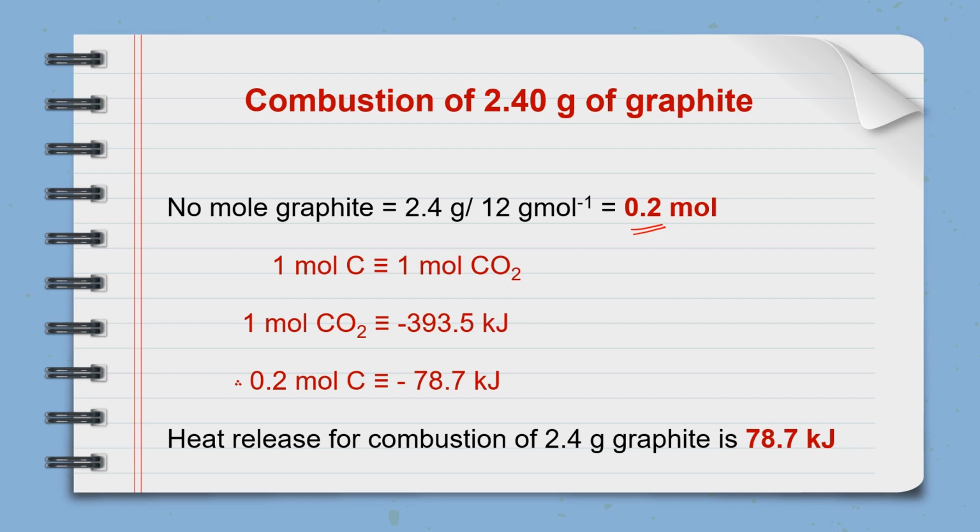The energy released from combusting 0.2 mole carbon is only 78.7 kilojoule. So the heat release for the combustion of 2.4 gram graphite is 78.7 kilojoule.